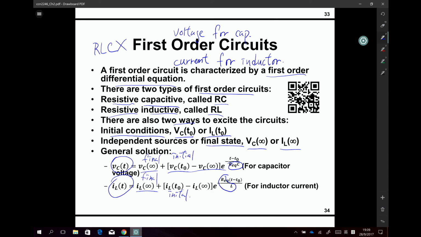Therefore, if we apply the general solution directly, every time you look for the initial condition, the final condition, and also the time constant that we will introduce later. By finding these three parameters, we can solve our first order circuit by using the general solution.